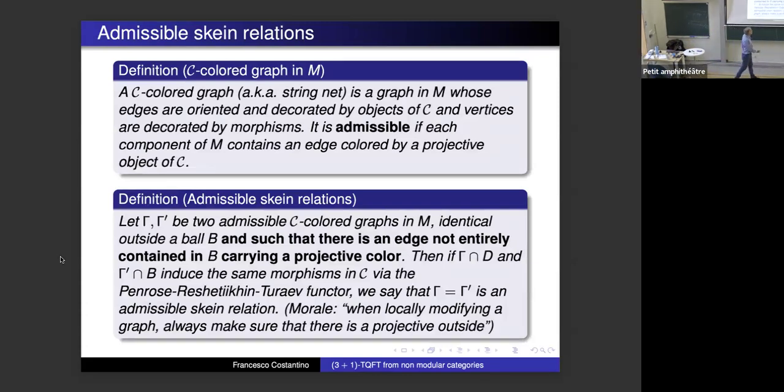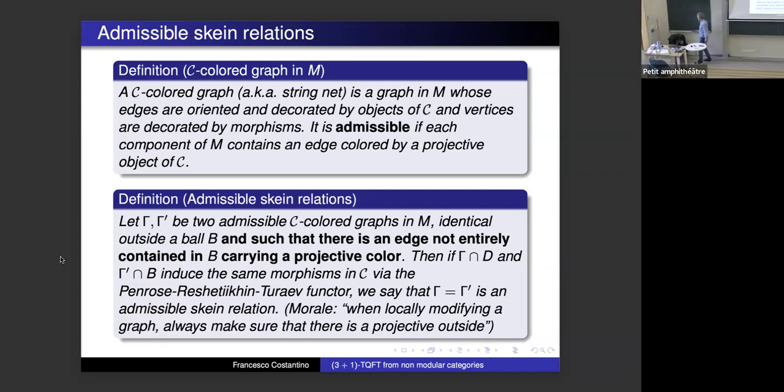Okay, so now I can formalize what a C-colored graph is. It is a graph with edges which are oriented and framed. So you can think of these edges as little bands embedded in your manifold. Each edge is decorated by an object of your category, and the vertices are decorated by morphisms in your category in the standard way.